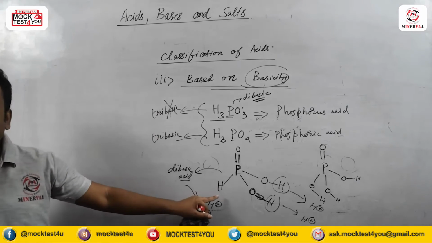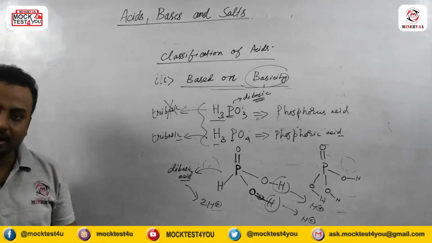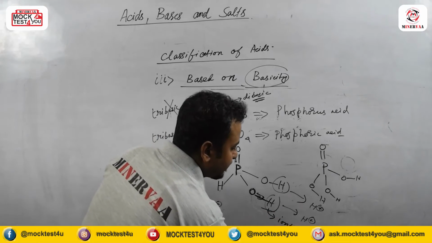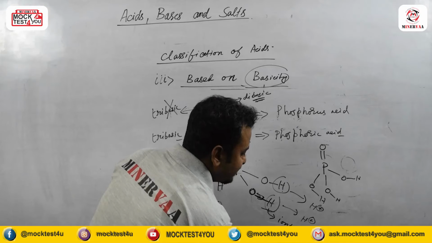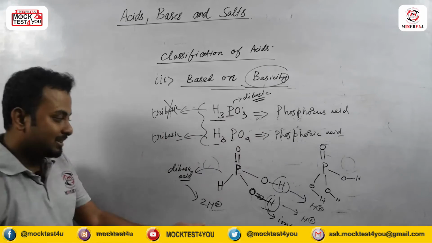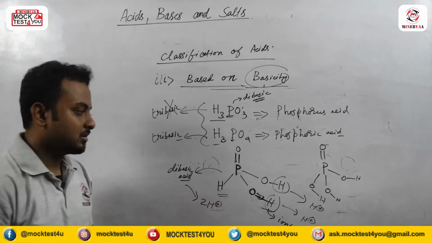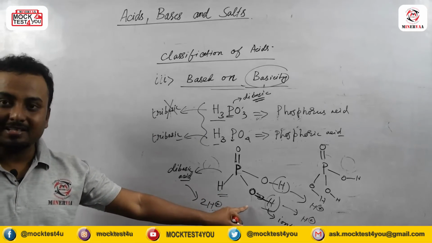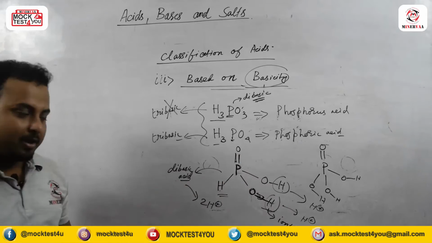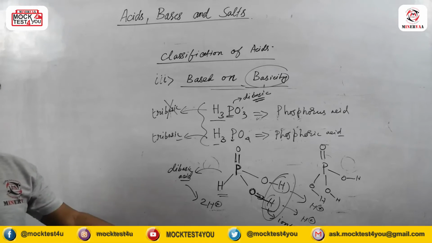But this H cannot be released because it is not attached to oxygen. Okay, so these 2 H's are ionizable H plus, but this H is non-ionizable H, so it cannot be ionized. So the basicity of an acid depends upon which H is getting ionized, the ionizable H plus.